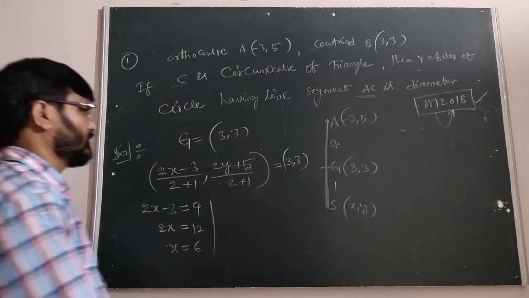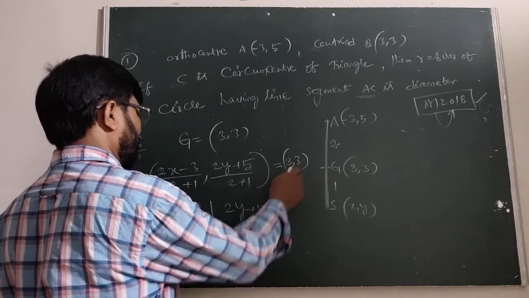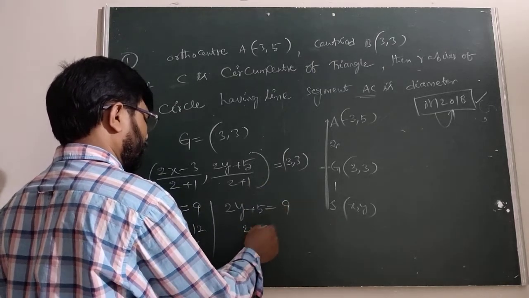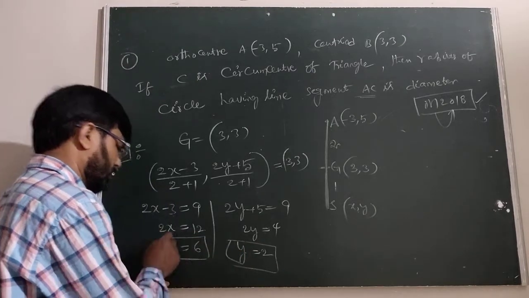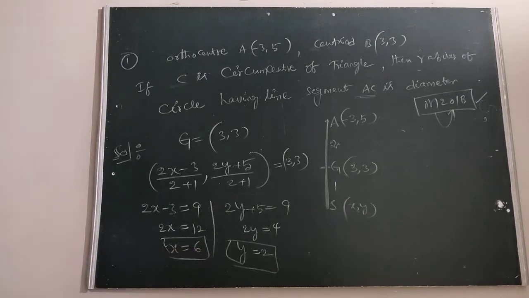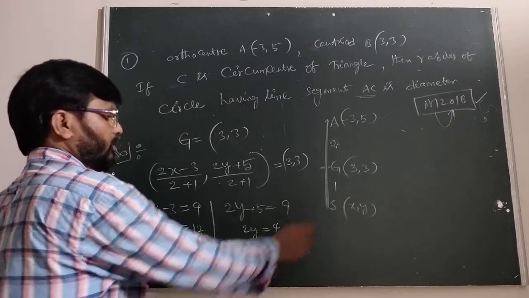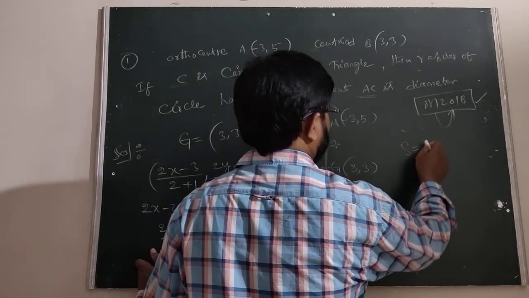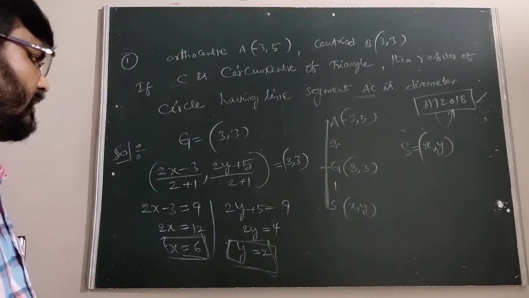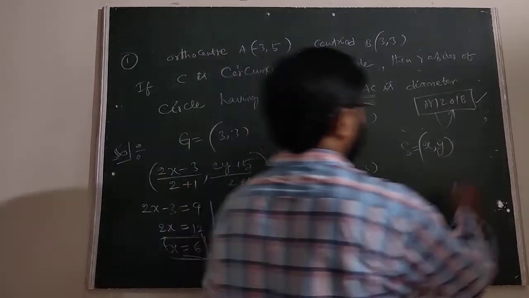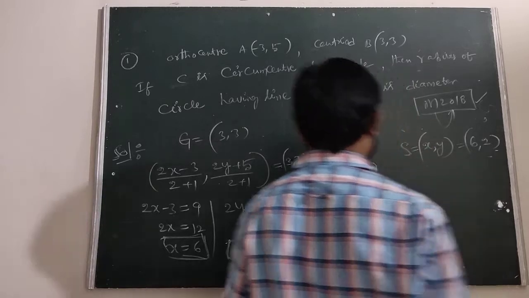After that, 2y + 5 = 9, 2y = 4, so the value of y = 2. When we get x and y, the circumcenter (x, y) is (6, 2).